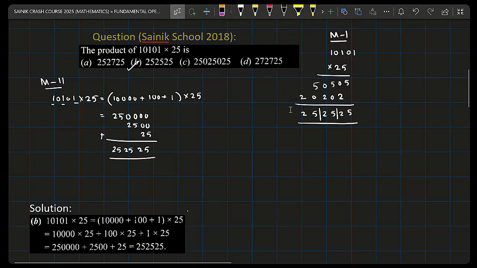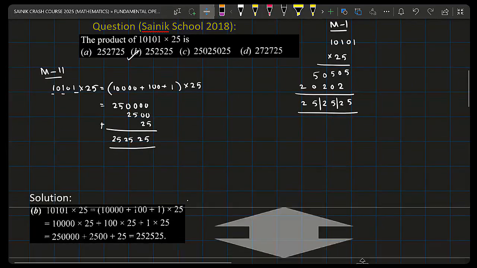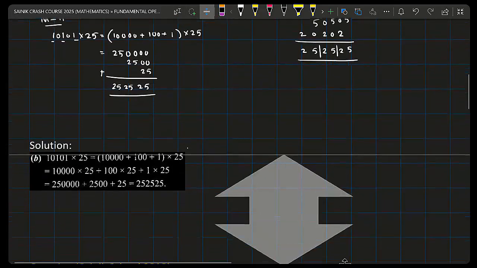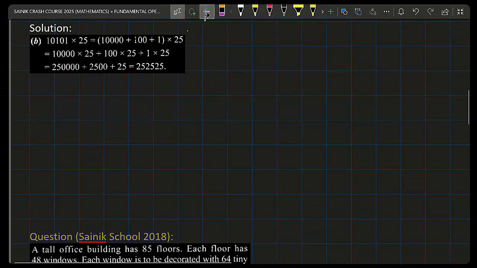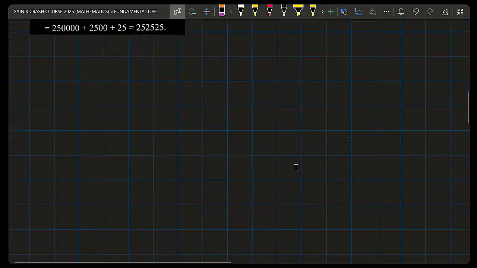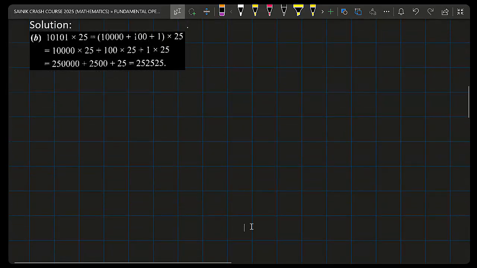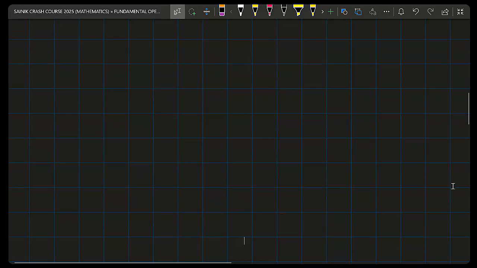I hope everybody copied. Now we are going to discuss more patterns like this products. Everybody, you can copy even this table.